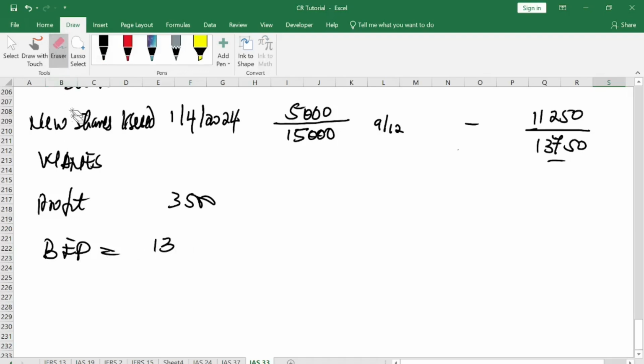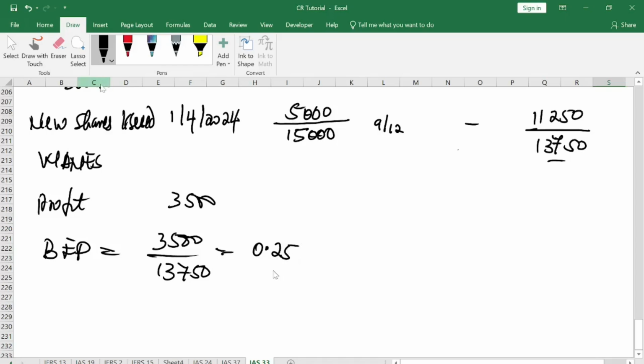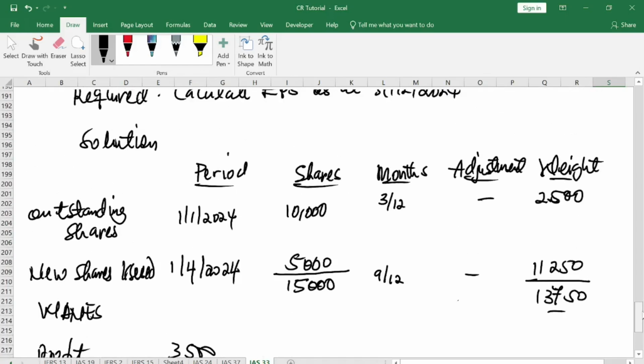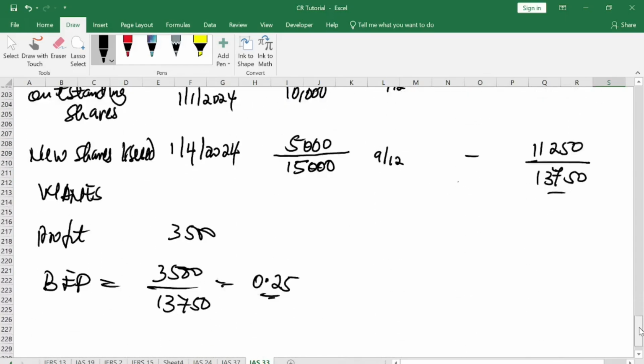So your basic earnings per share is 0.25.